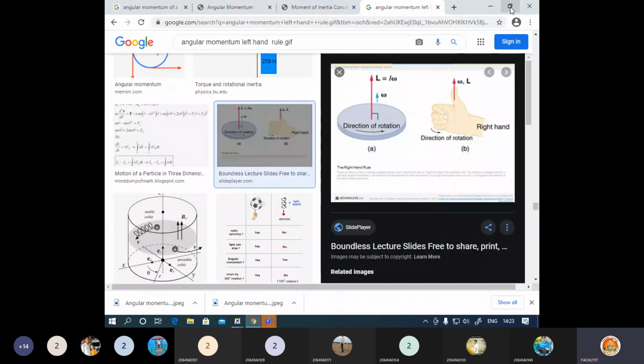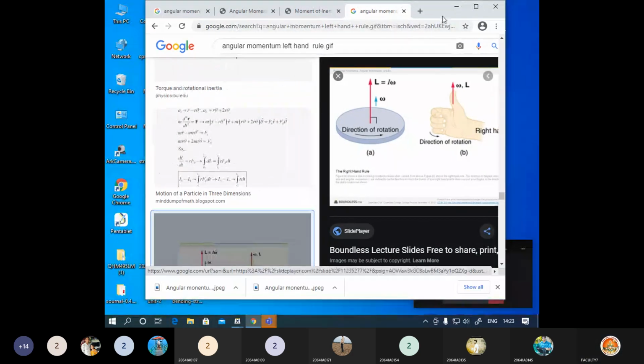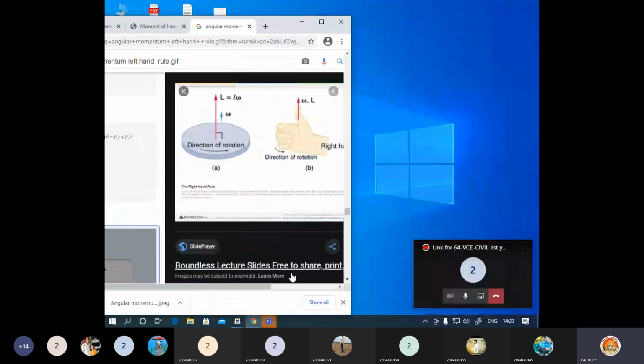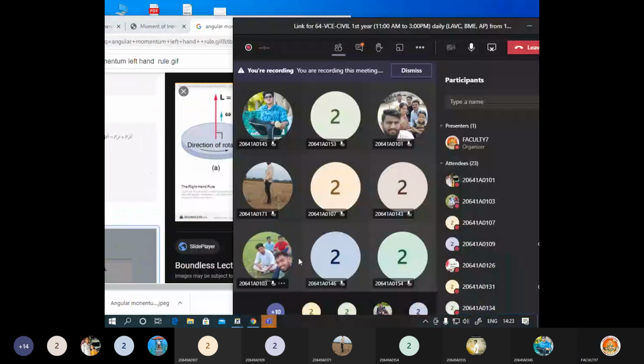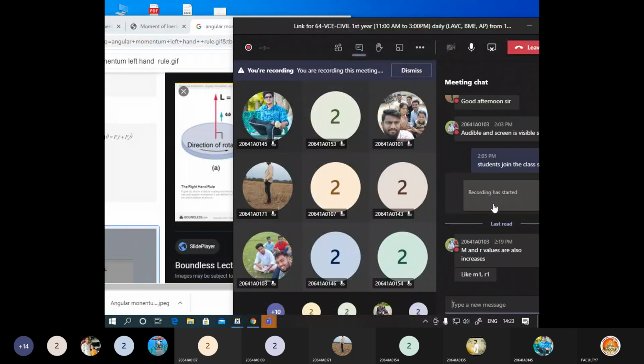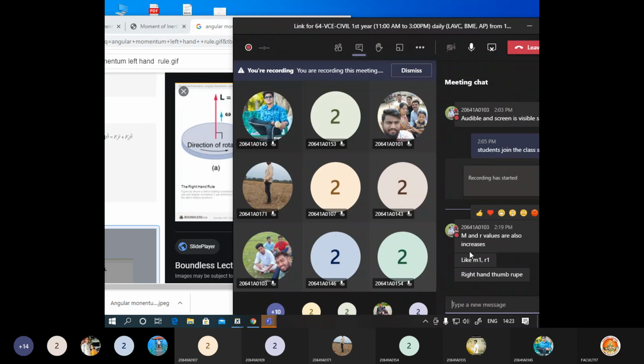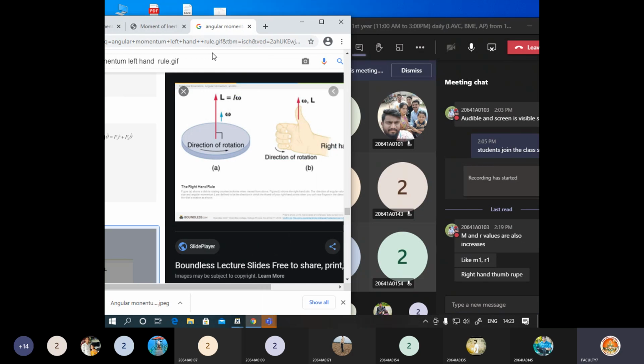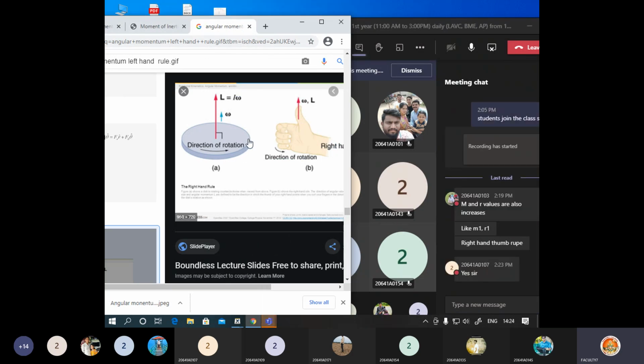So if you refer to this diagram, I think you are able to see it. Are you able to see the diagram? Okay, right hand thumb rule. So if you consider a point on this disk rotating in this direction, compare with the right hand.